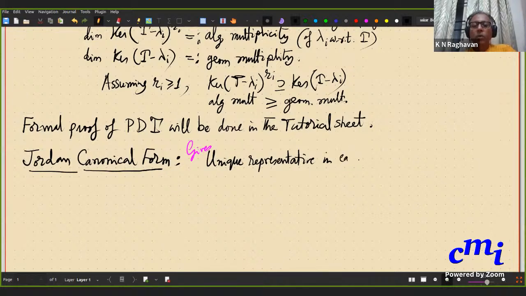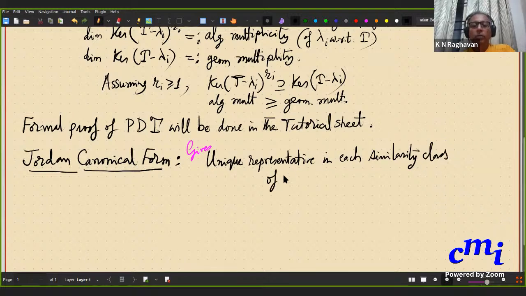in each similarity class. So the equivalence relation that you put on linear transformations is: if two transformations are similar, they are in the same similarity class of matrices, by which we mean n cross n matrices or d cross d matrices, because our notation is that the dimension of the space is d.